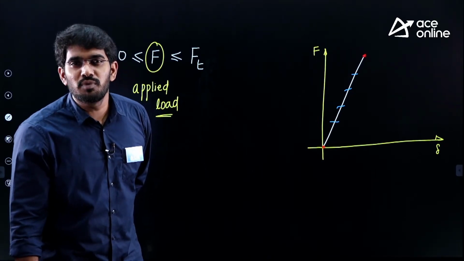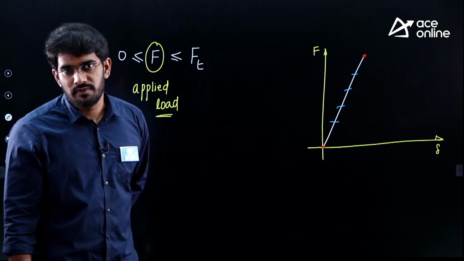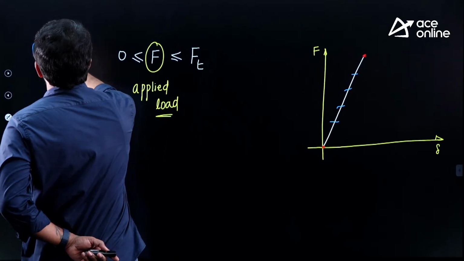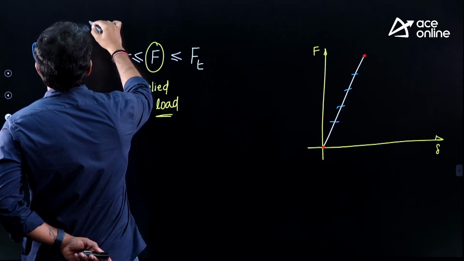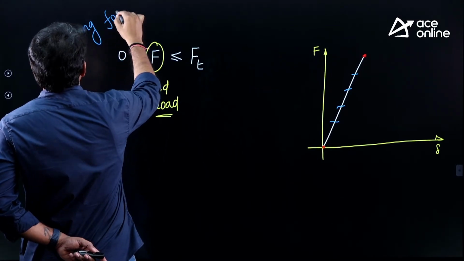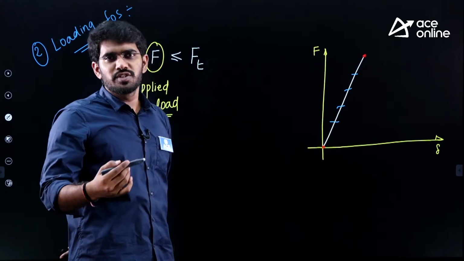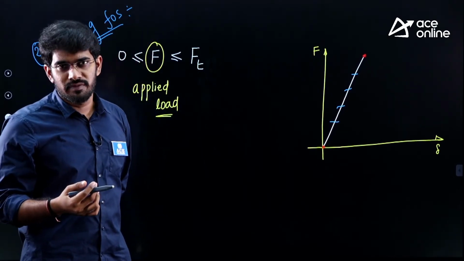Now here there is one more factor of safety called the loading factor of safety. The second one is considered as loading factor of safety. This is actually present in the hands of the user. Whoever is using it will have the loading factor of safety.